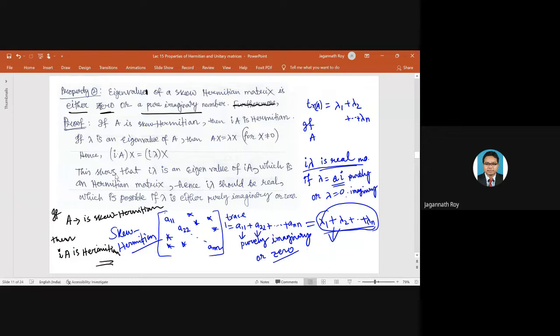With this relation, we will try to follow the theorem or the property, whatever you call it.